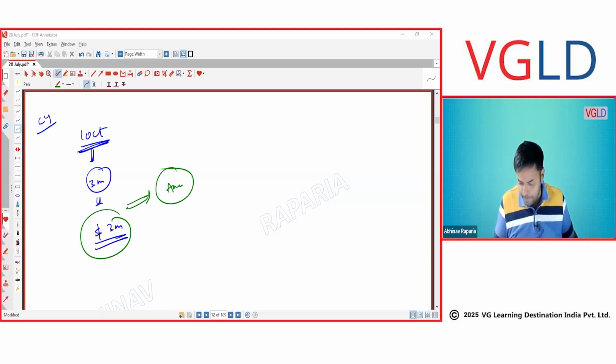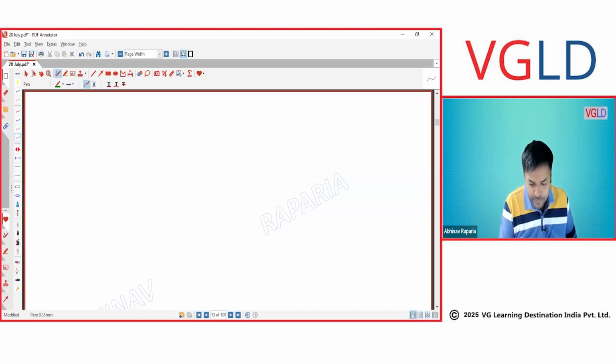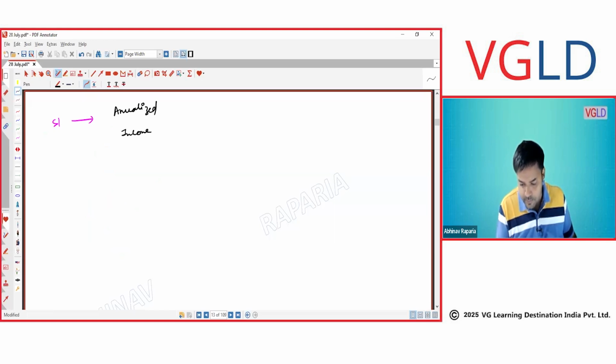Simple. Step number 1: annualized income is short tax year income multiplied by 12 months divided by short tax year months.